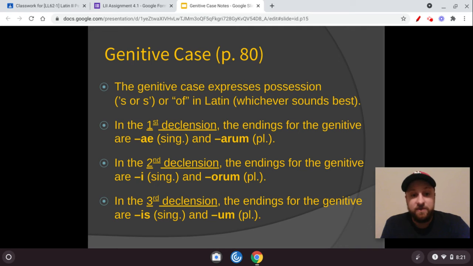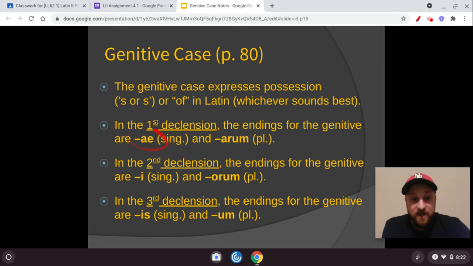Over on the other side, we see some reused forms also. We know AE and I from stage 5 as nominative and plural. Feminae would be the women. Domini would be the masters. But the big thing that I want you to add to the mix here is that they can also mean "of the."